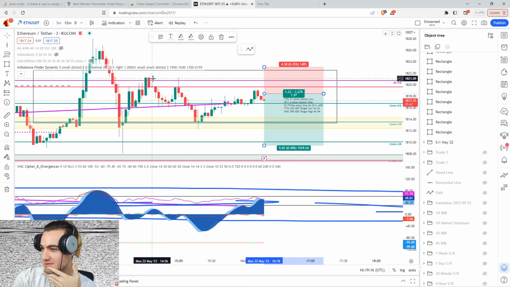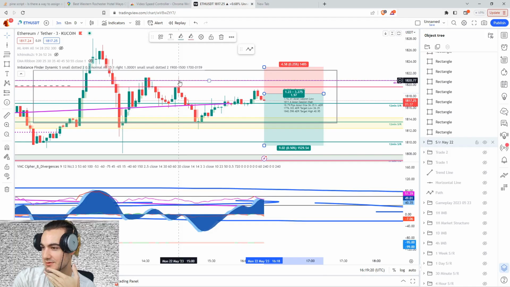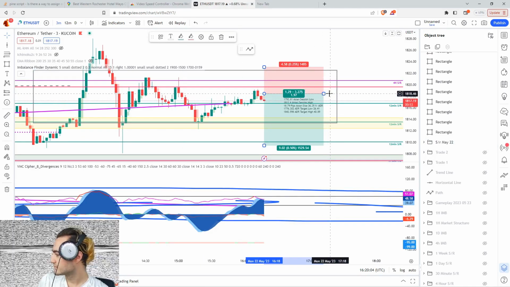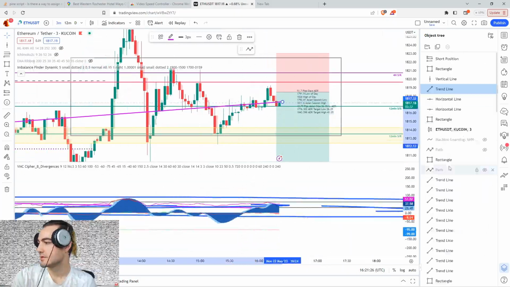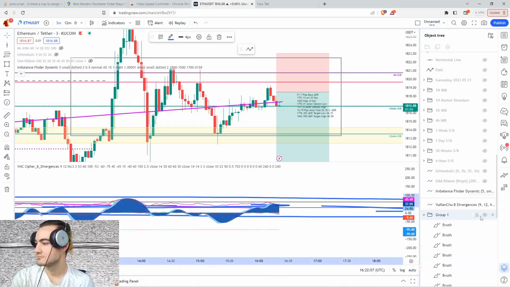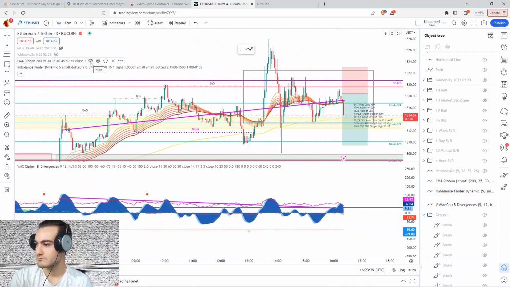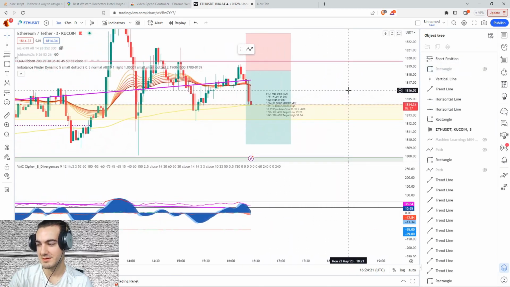Of course, we were rejected off that 4-hour support, which is what caused our swing failure. We might have missed the boat on this one.